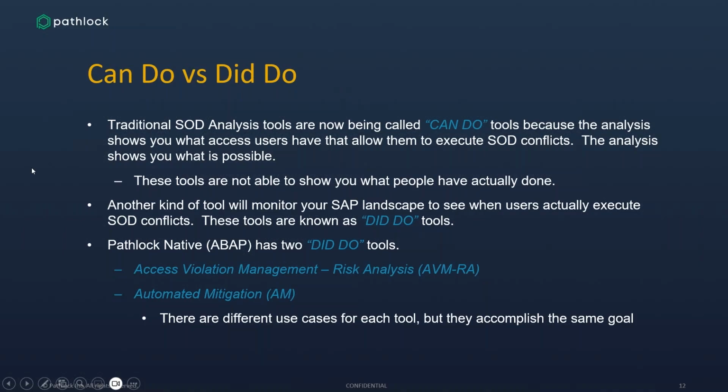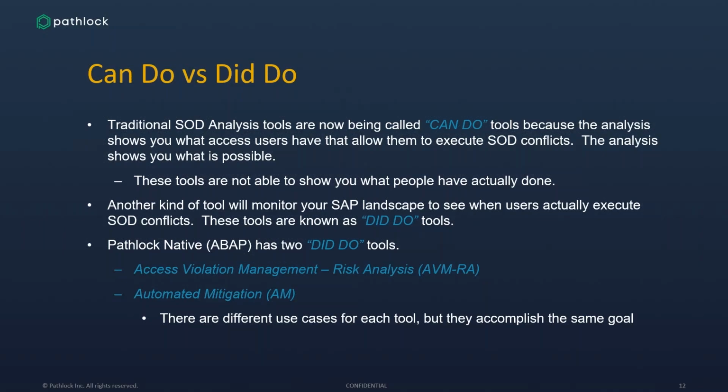And then the last item that I wanted to talk about today is can do versus did do. So these are some newish terms, and we use them a lot here at Pathlock and as we talk with our customers. The traditional SOD analysis tools, ours, SAP's, whatever, are what we call can do. You've got the access to do it, so you can do it.